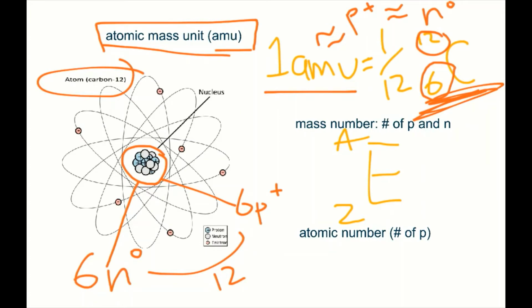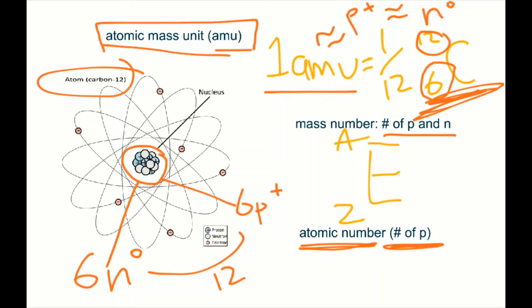The number of protons is also called the atomic number, denoted by the letter Z. And you write it to the left of the element, and it's a subscript. Now, on the other hand, our mass number is the number of protons and neutrons, and it is denoted by the letter A, and it is written as a superscript, which means it's like above.